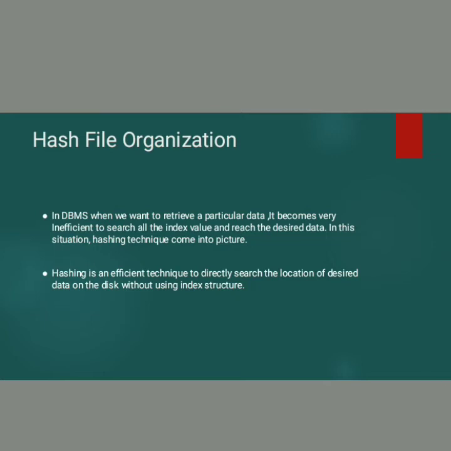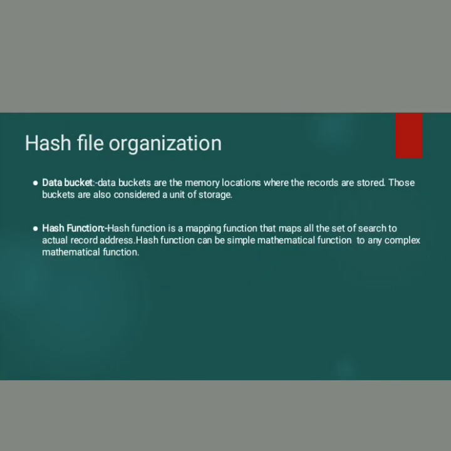Next, hash file organization. In a database management system, when we want to retrieve particular data, it becomes very inefficient to search all the index values and reach the desired data. In this situation, the hashing technique comes into the picture. Hashing is an efficient technique to directly search the location of desired data on disk without using an index structure.